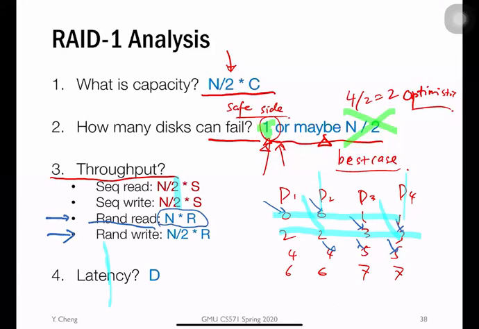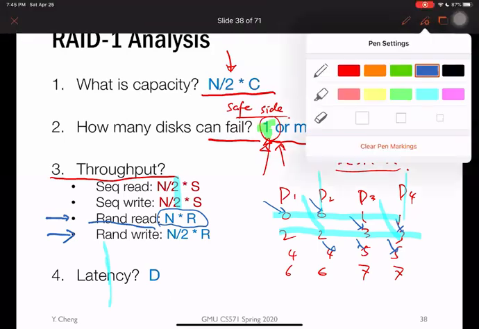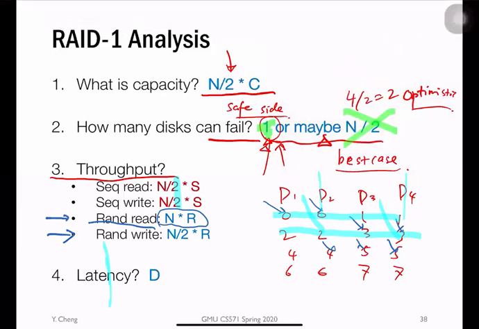For random write, it's a different story, right? So how to support random write? Let me use a different color. Let's use this orange color. For random write, each random write gets translated into 2 physical write operations. So let's say if you want to random write to this disk block number 6, this logical write operation gets translated into 2 physical writes because it stores 2 copies of the same data.